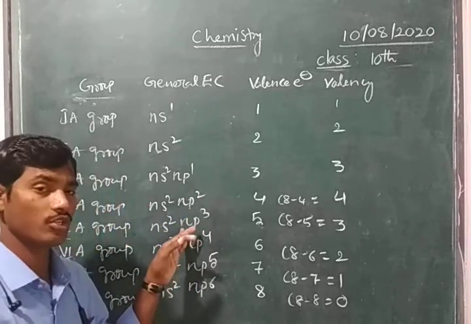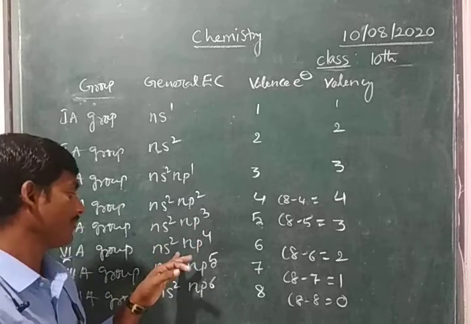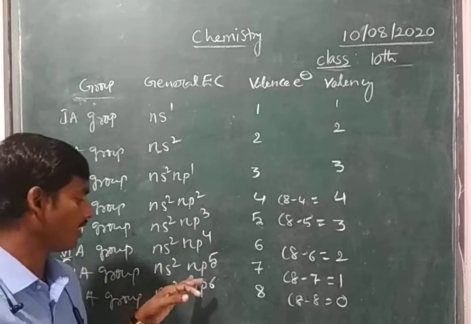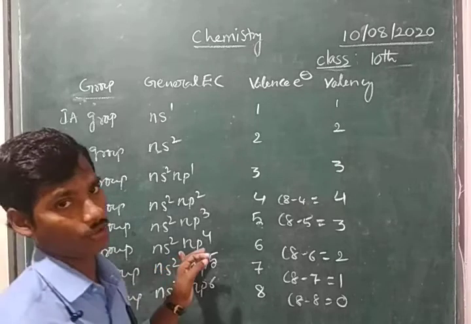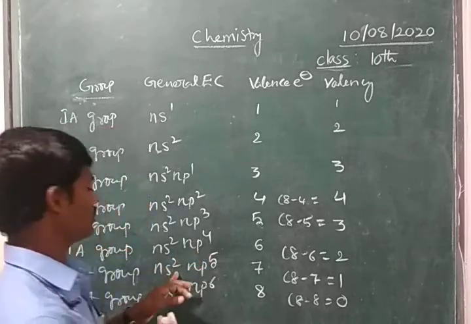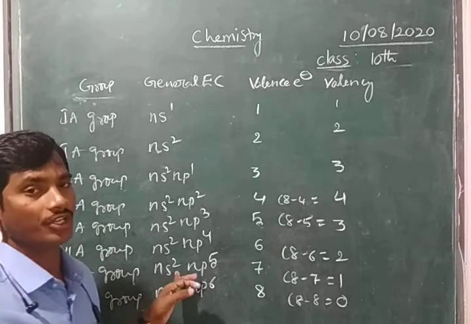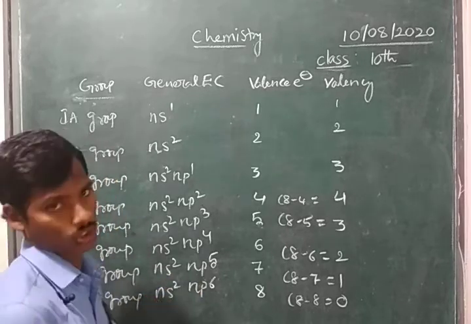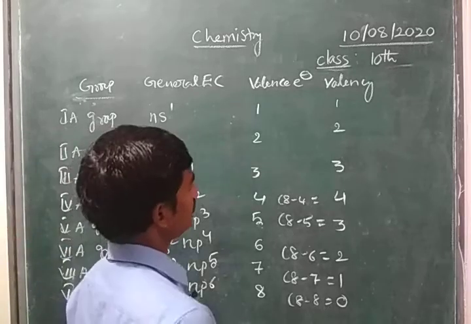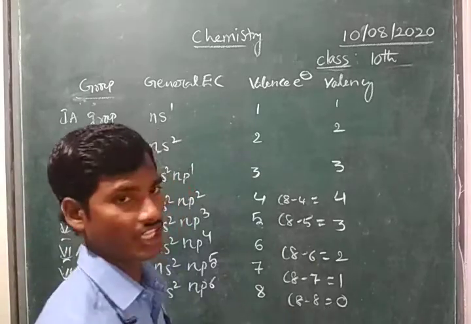And 5th A group, nitrogen, phosphorus, non-metals. And in 6th A group, oxygen, sulfur, selenium, tellurium. And here 7th A group, fluorine, chlorine, bromine, iodine, these are all having valency 1. And here 8th A group valency is 0. Right children? So this is about valency of first A to 8th A group elements.